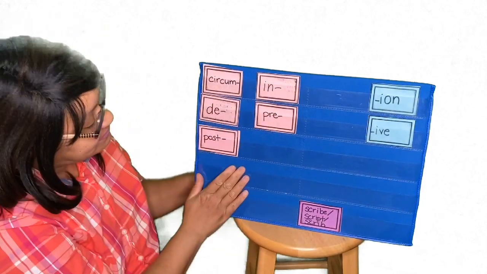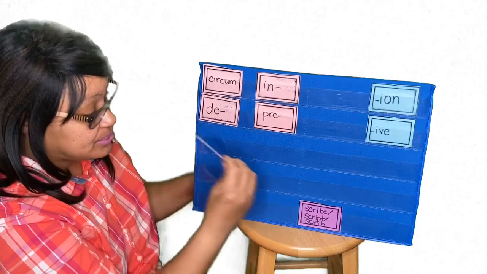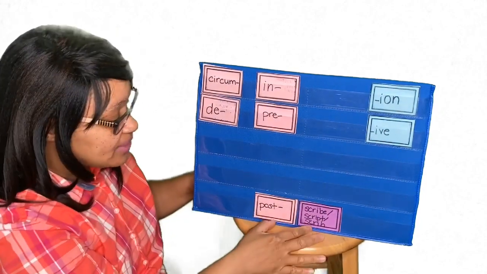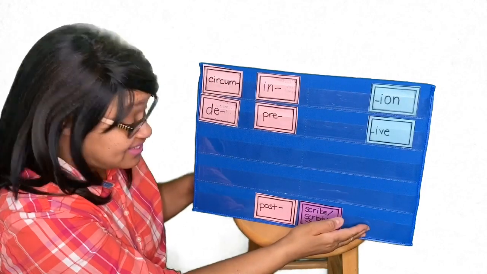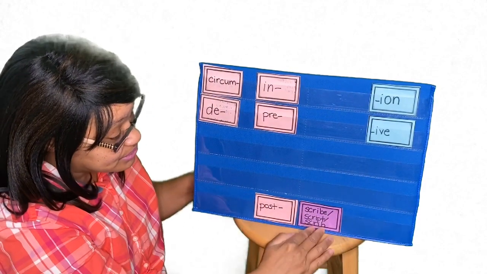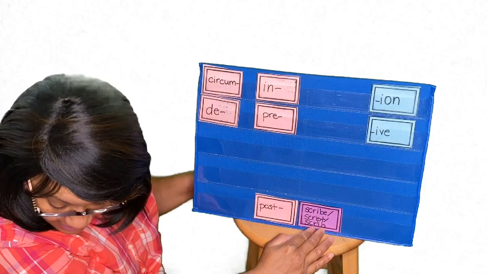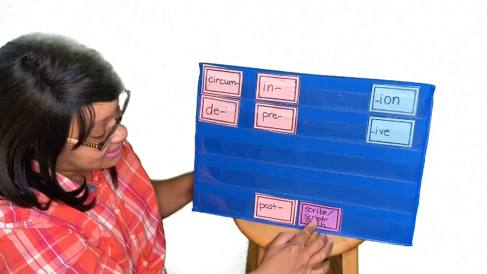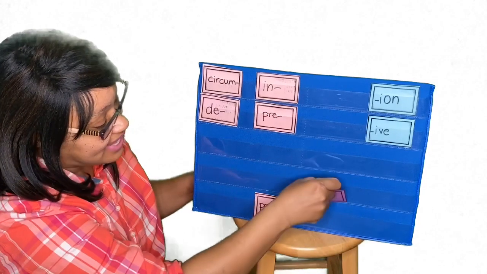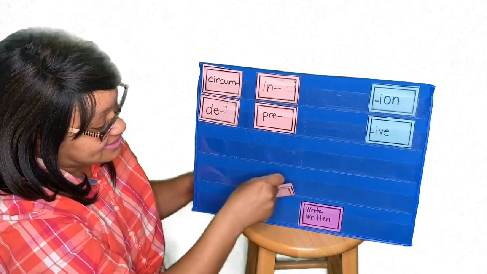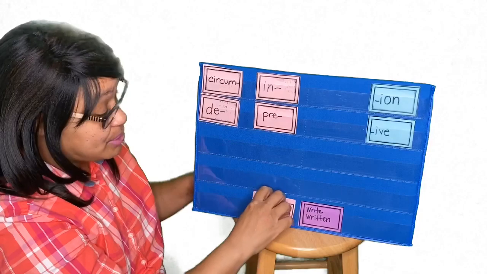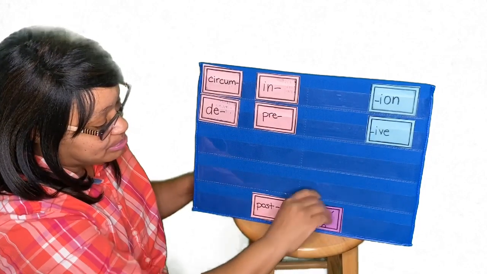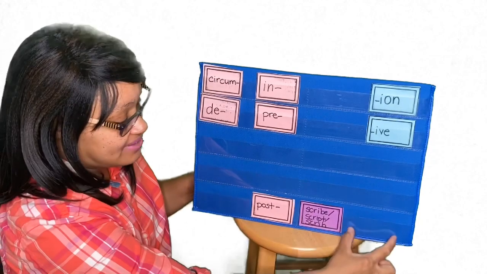And we have a prefix that means after, which is post. And we don't necessarily need a suffix. So here we have a word without a suffix. We have postscribe. In this case, it is postscript. Okay, so postscript means that it is written after. So in this case, we only have a prefix and a root. We don't have a suffix.